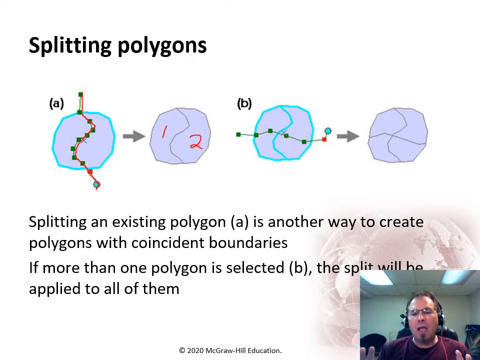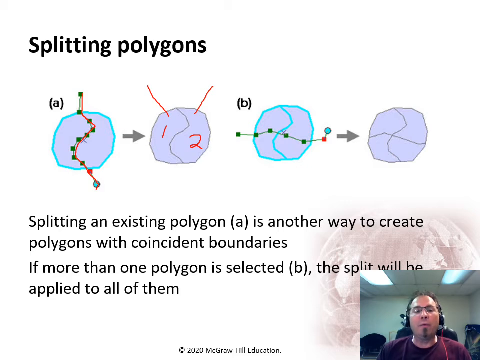Now, going all the way back to week one, this is exactly why you use geodatabases, okay? Once I do this, because this is being stored in a geodatabase, the geodatabase automatically recalculates the areas for those two polygons.